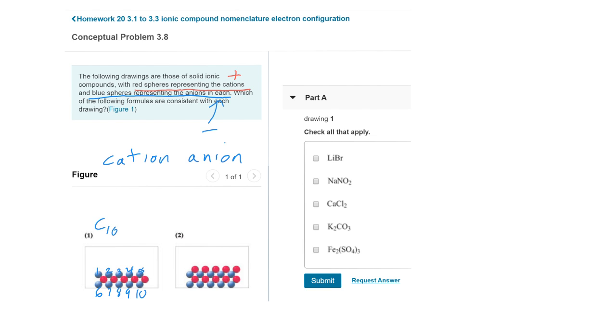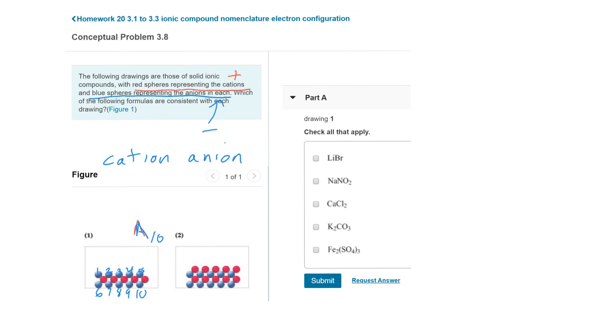Oh, whoops, I got that backwards. Just a second. Blue is our anions. I did not mean to confuse you. Blue is our anions. So we've got anions 10. There we go.